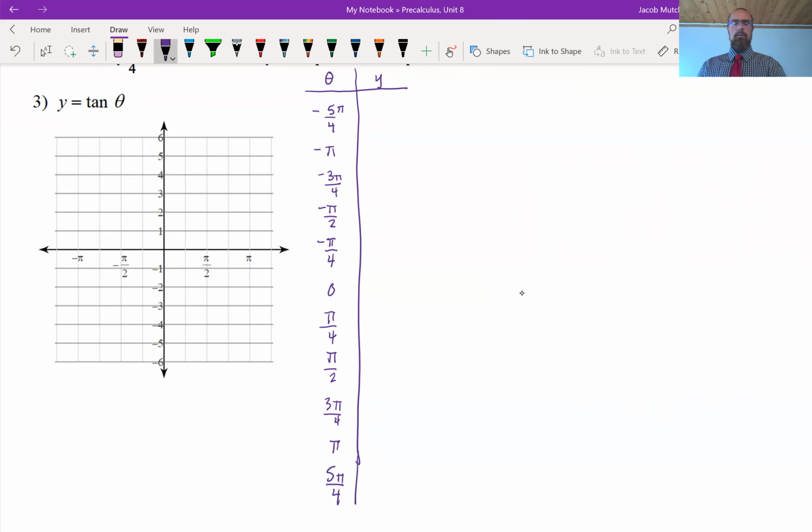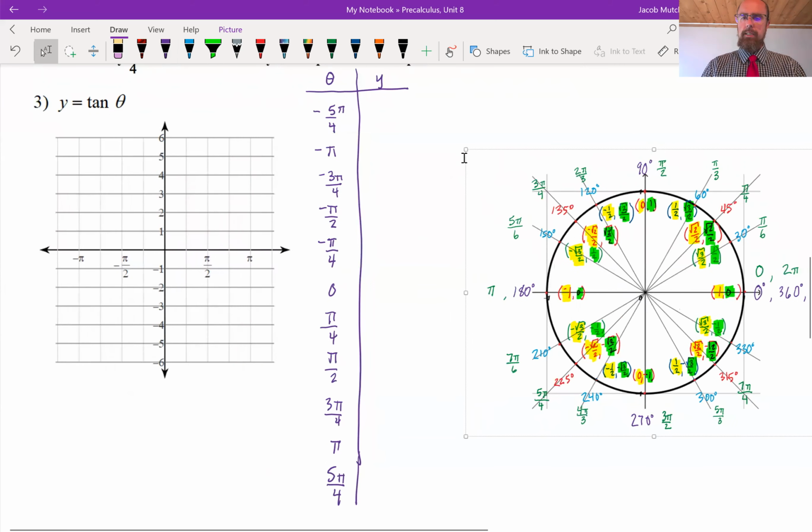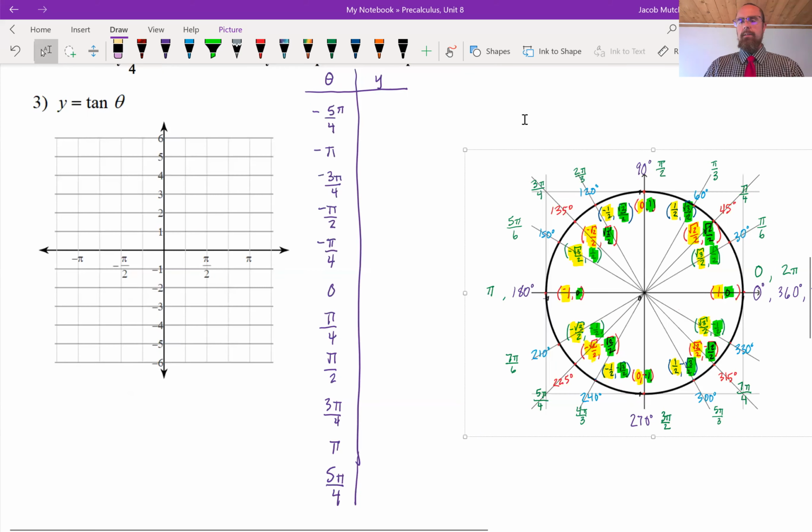So again, we want to take a look, if we can, at the unit circle to see, can I come up with tangent values? So there's our unit circle again. We'd already said that the yellow values, the x coordinates from the unit circle, would give me cosine. The green ones, the y coordinates, would be outputs for sine.